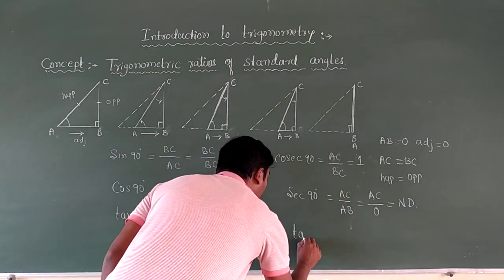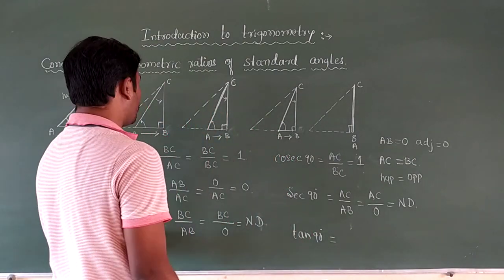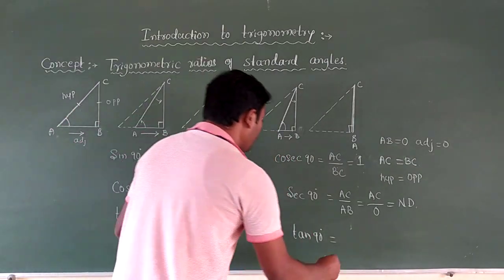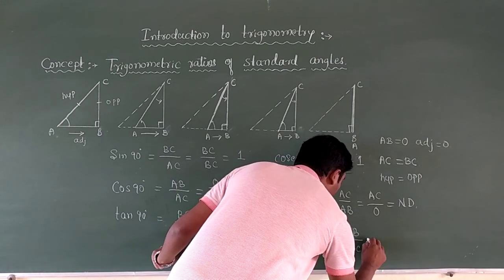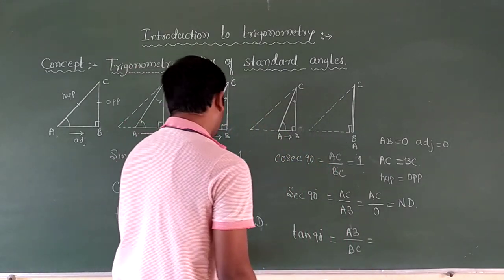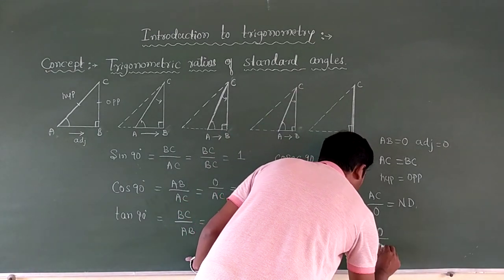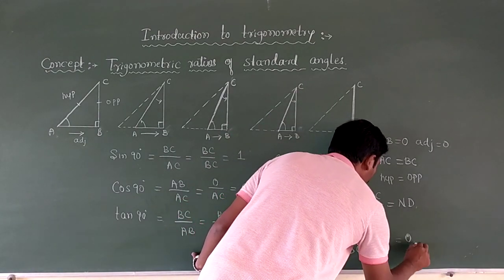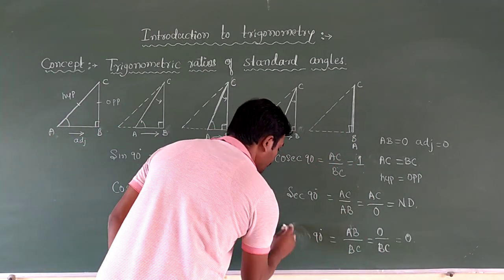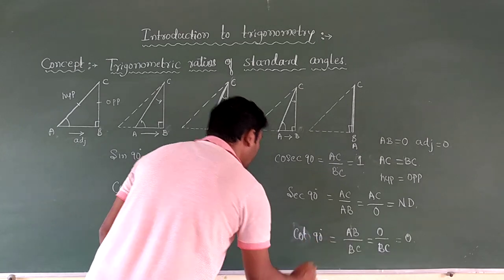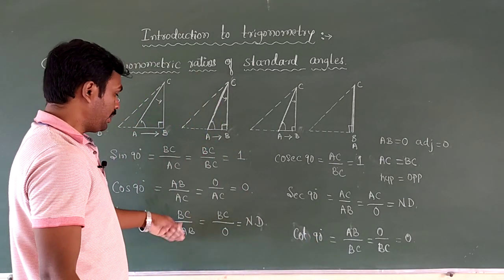Cot 90 degree is the reciprocal of tan, AB by BC.